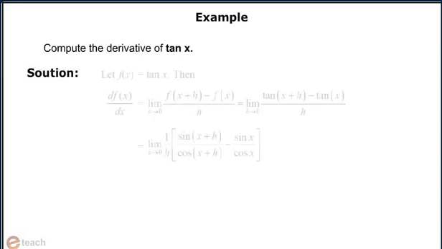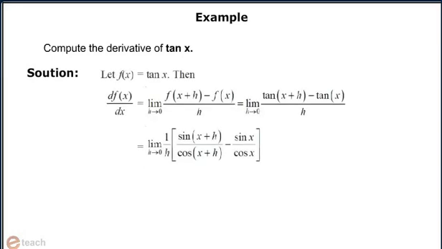Let's take another example. Solution. Let f(x) equals tan x. Then, by using the first principle of derivative and writing tan x as sin x by cos x, we get limit h tends to 0, 1 by h into (sin(x plus h) by cos(x plus h) minus sin x by cos x).